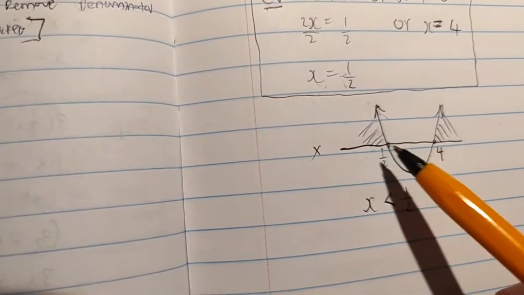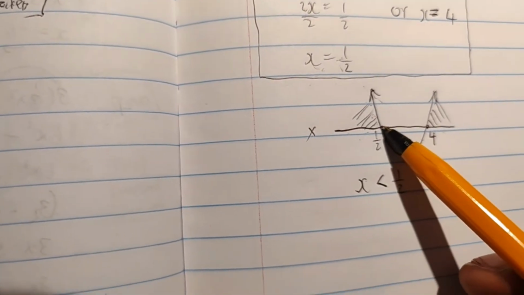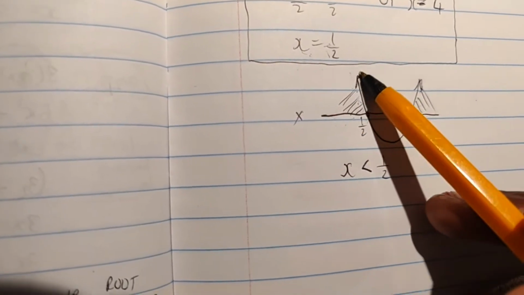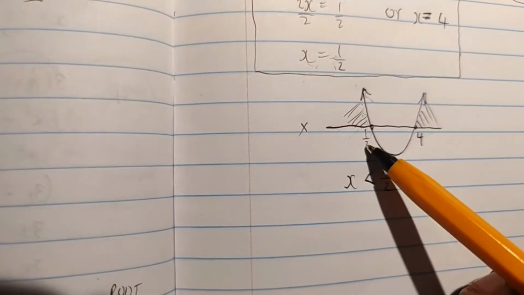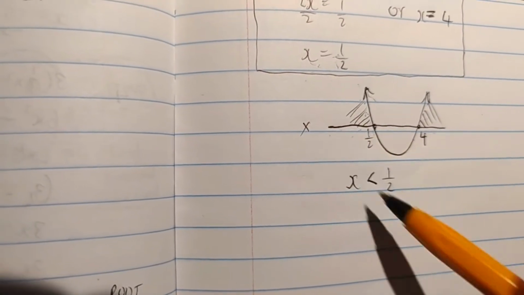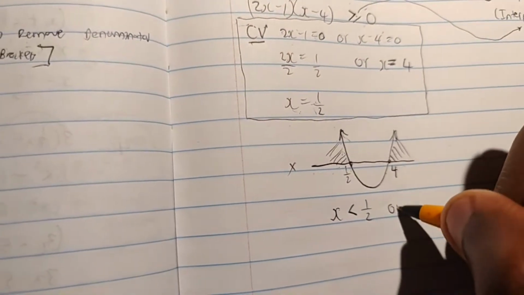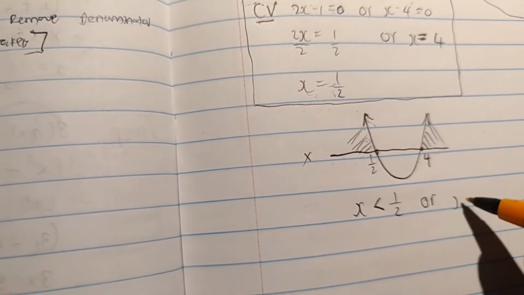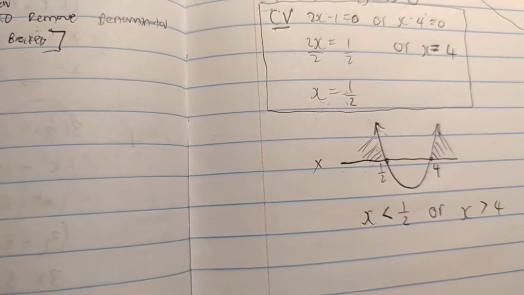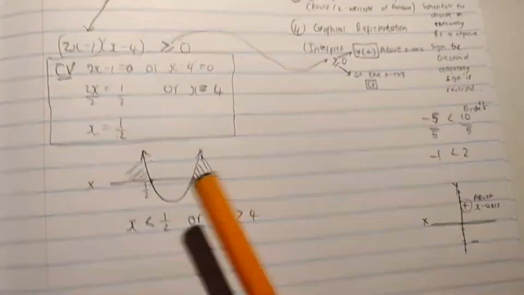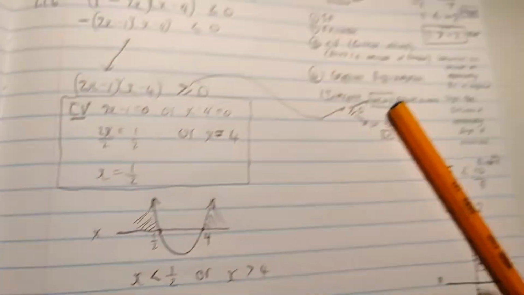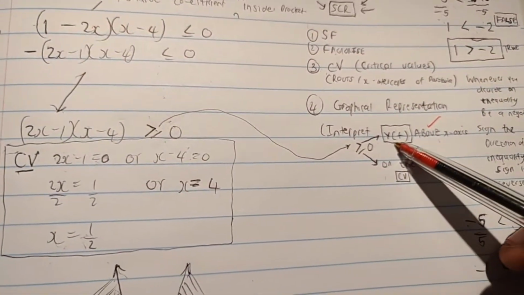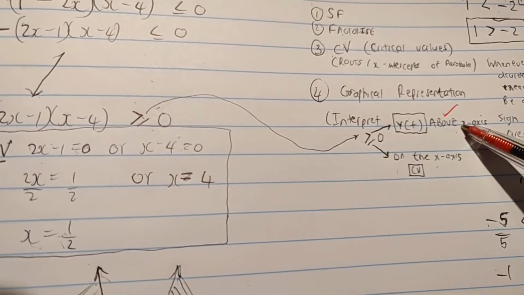This region is where x is less than half. We go from here, we move in that direction. You can see the function will continue to be above infinitely. So x is less than half. Or this is also above. That's where x is greater than 4. So we have just accommodated the concept of being above the x-axis here.